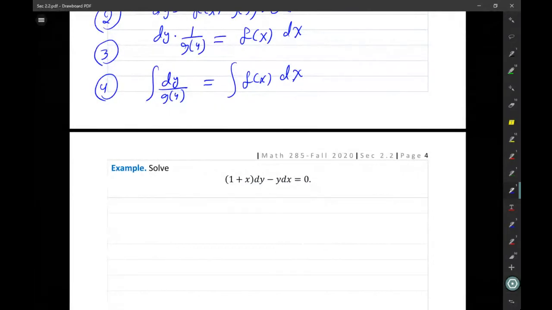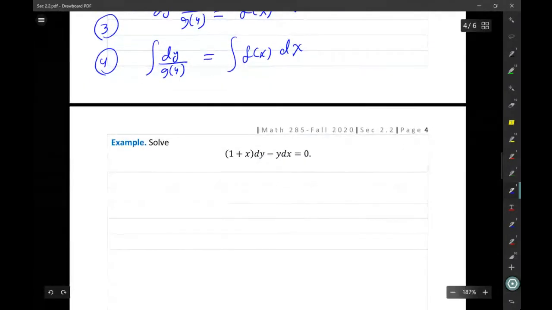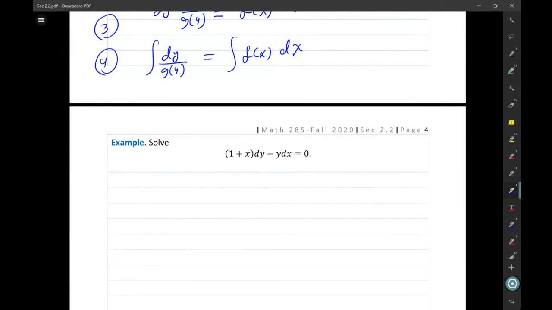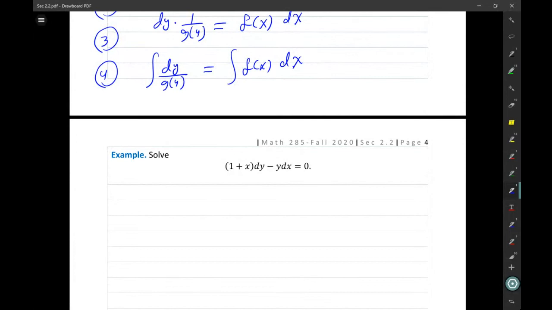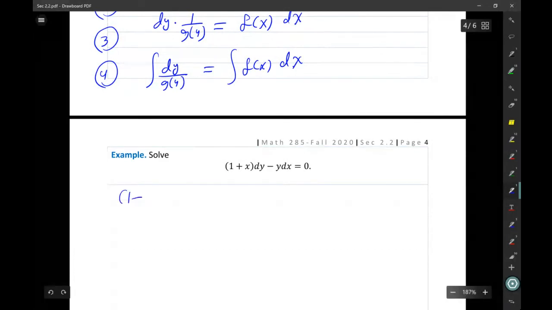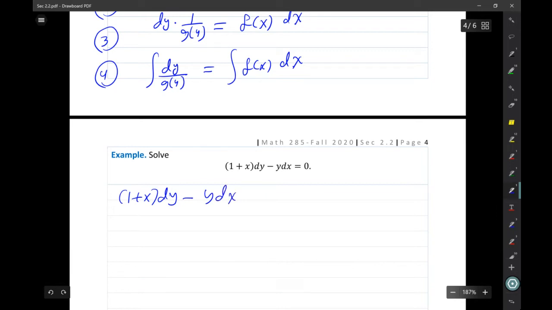Let us see this example. It says solve 1 plus x times dy minus y dx is equal 0. First of all, I have to separate. 1 plus x dy minus y dx is equal 0. This is equal to 1 plus x dy is equal y times dx.